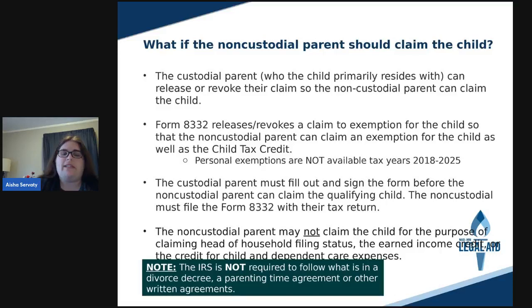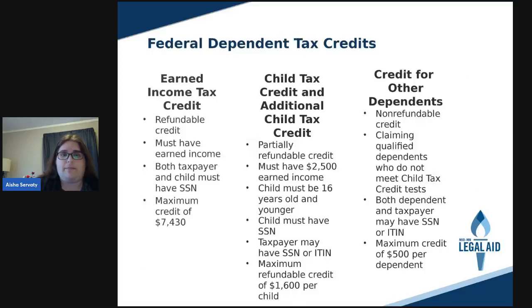And so one thing to know is that even if this form is signed, the non-custodial parent may not claim the child for purposes of head of household filing status, earned income tax credit, or the child and dependent care credit. So it is only the child tax credit and then any related exemptions for that form.